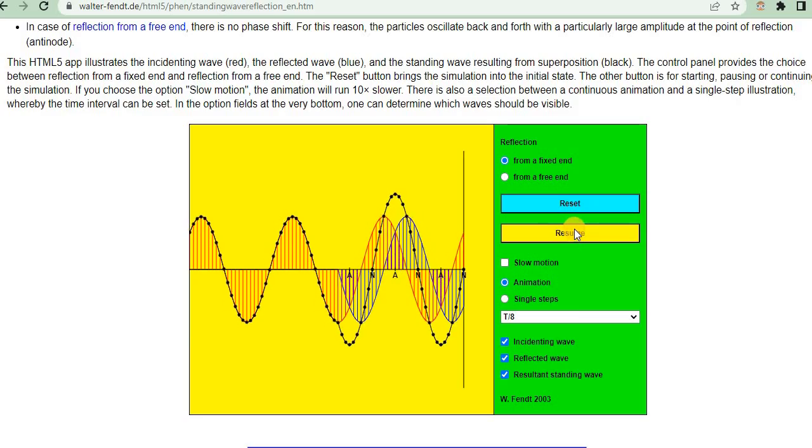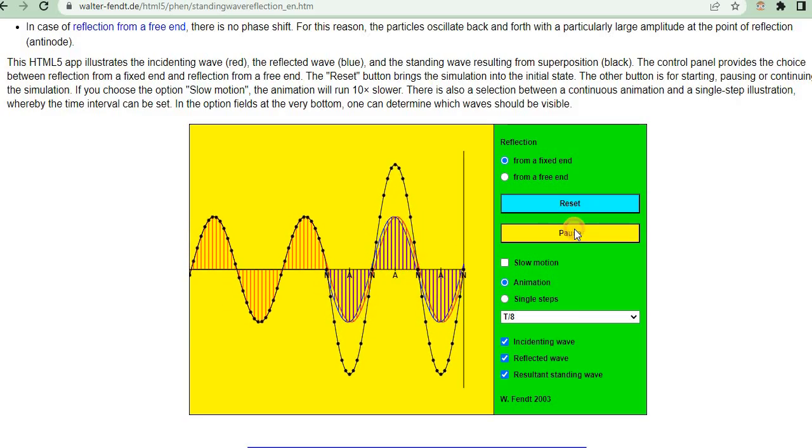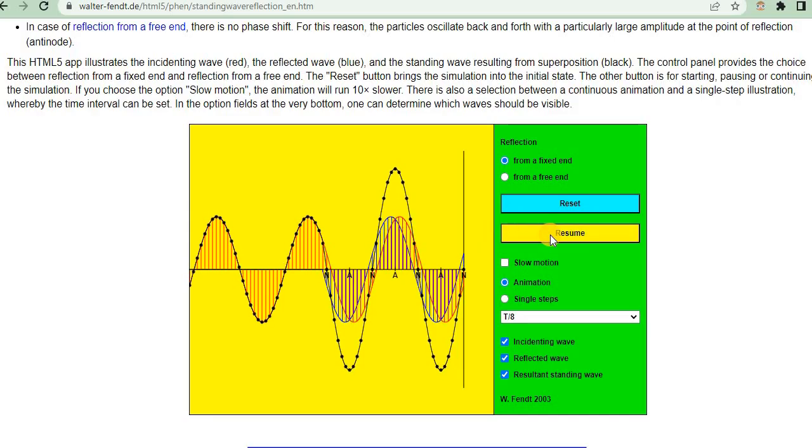See, I can pause it like this. Now you can see the blue wave, that is the reflected wave. The reflected wave is moving to the left, the incident wave, which is in red, is moving to the right. So now you have constructive and destructive interference.